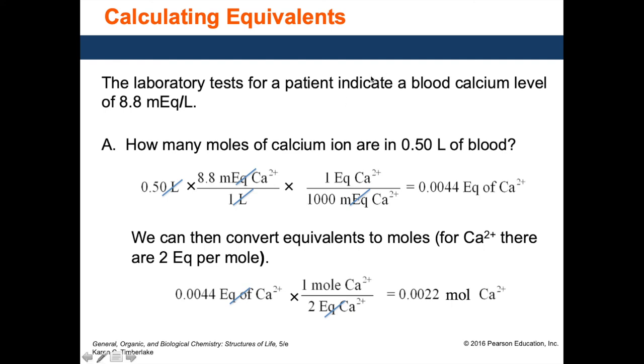So we're told that we have 8.8 milliequivalents per liter. If we multiply by that, liters cancel out and we have milliequivalents, which we want to convert into equivalents. So we divide by 1,000 since there are 1,000 milliequivalents per equivalent. And so we wind up with 0.0044 equivalents of calcium, which is great.